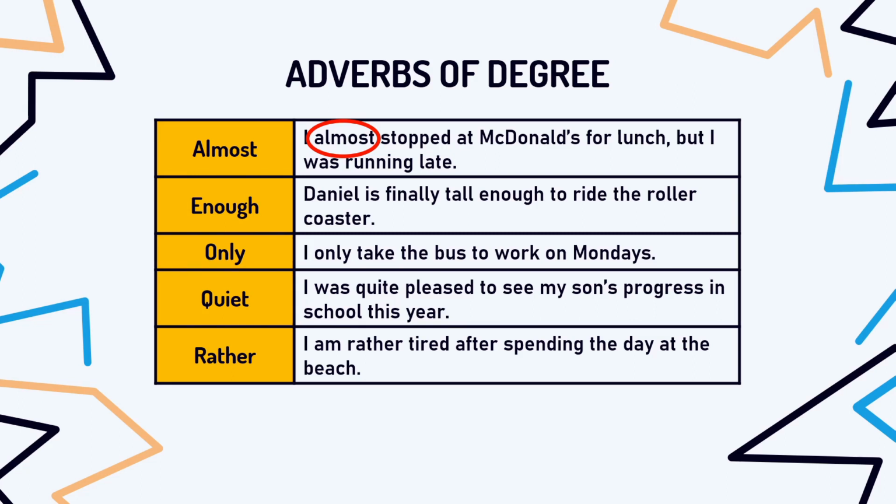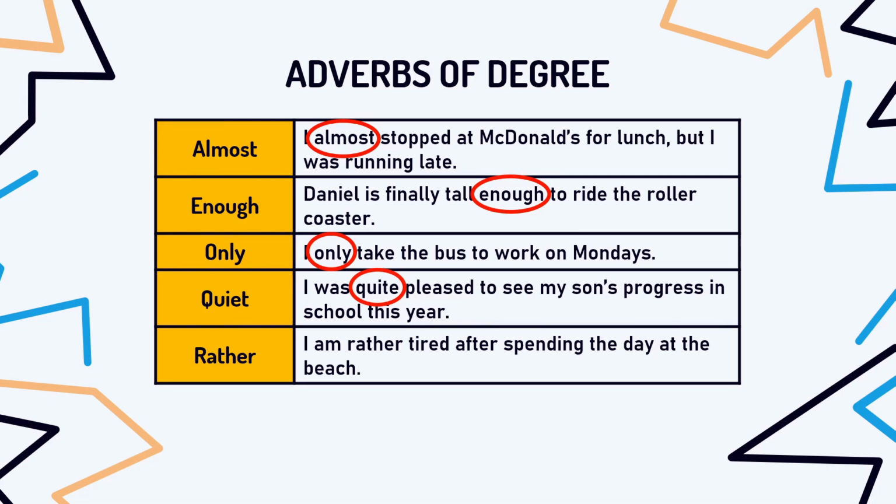Number 2, Daniel is finally tall enough, enough to ride the roller coaster. And number 3, I only take the bus to work on Mondays. So it means that she only takes the bus on one day, which is Monday. And number 4, I was quite pleased, quite pleased to see my son's progress in school this year.